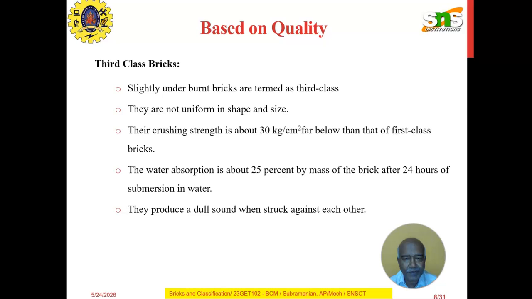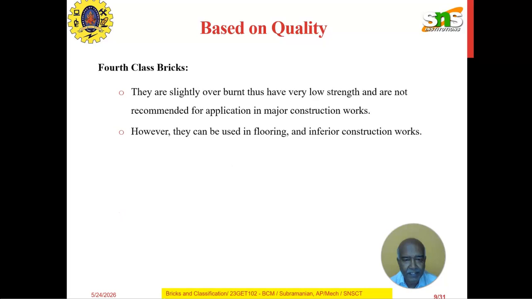Their crushing strength is about 30 kg per square centimeter, and the absorption is 25% of the mass of the bricks after 24 hours. They produce a dull sound when struck against each other. A metallic sound is created by first class and second class bricks only; here they give a dull sound.